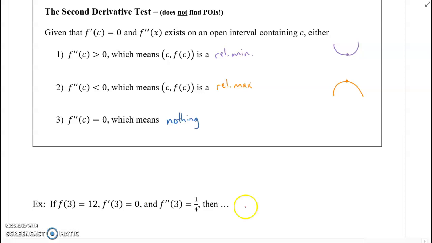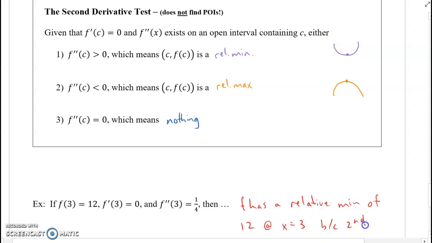Well, f has a relative minimum of 12 at x equals 3 because of the second derivative test. End of story.